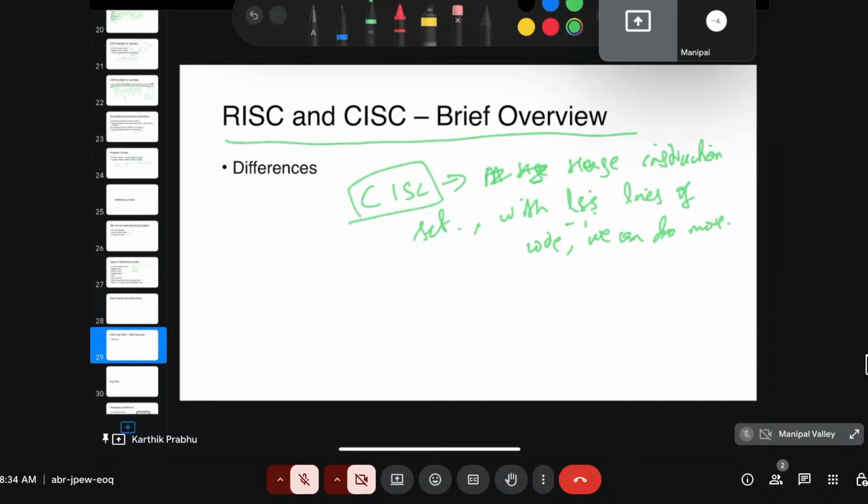But what the people of RISC thought was that if we can prove mathematically that these primitive instructions, load, store, add, are enough to solve any program, then why do we need an expanded instruction set with more opcodes and more complexity when we can just tell the compiler to follow our RISC methodology and give the set of instructions?